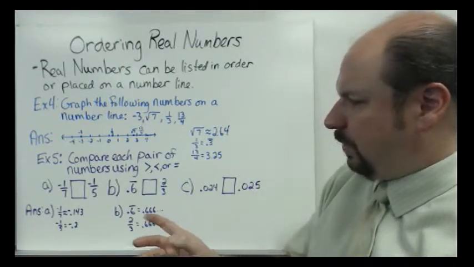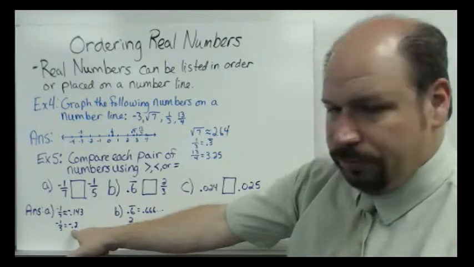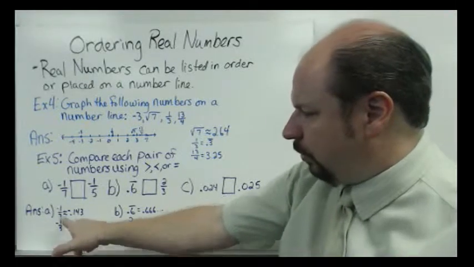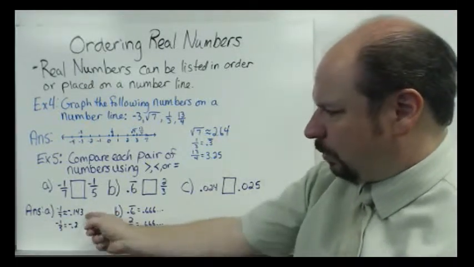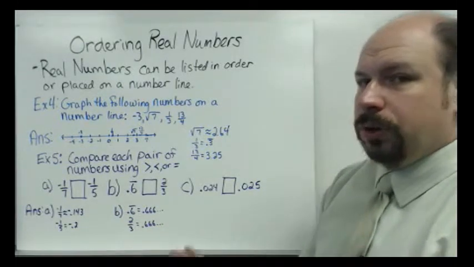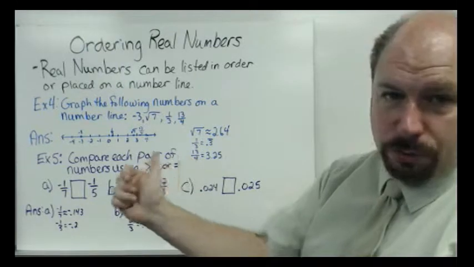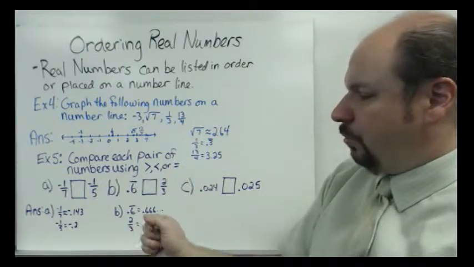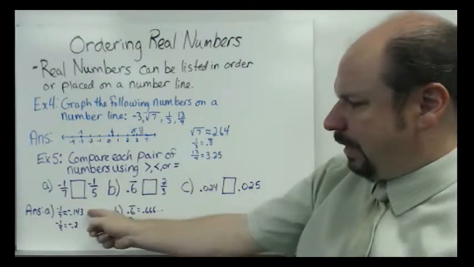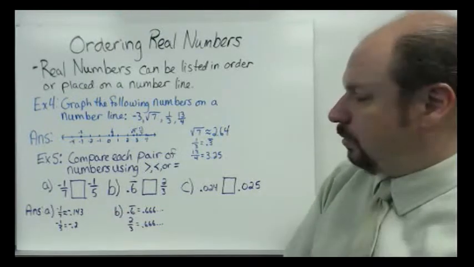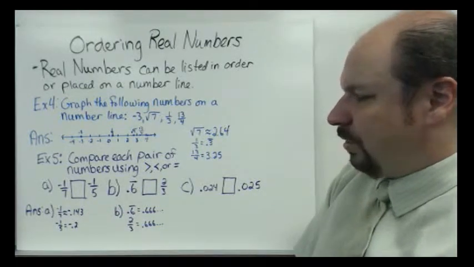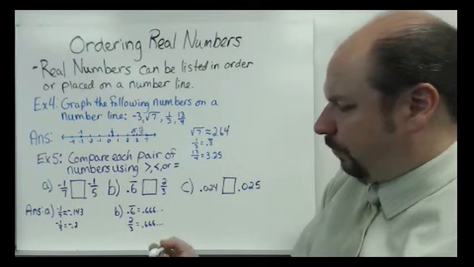Now, it might be tempting to say that -1/5 is bigger than -1/7 because this number does look bigger. But remember, when we're talking negative numbers, we have to think about which one is more to the right. And so the one here that is more to the right is the -0.143. So -1/7 is greater than -1/5.